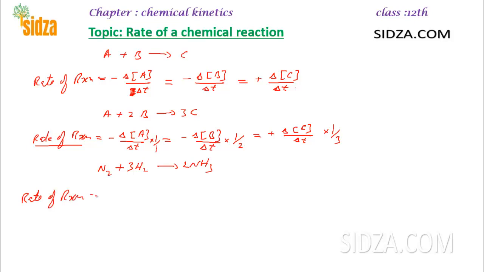The rate of a reaction will be negative change in concentration of nitrogen divided by delta T. I can also express it in terms of hydrogen, but for hydrogen I'm going to write negative 1 by 3 change in concentration of hydrogen by delta T here, and for the ammonia it will be plus, because it is the product, 1 by 2 here because the coefficient is 2. So I'm going to write 1 by 2 change in concentration of ammonia divided by delta T.